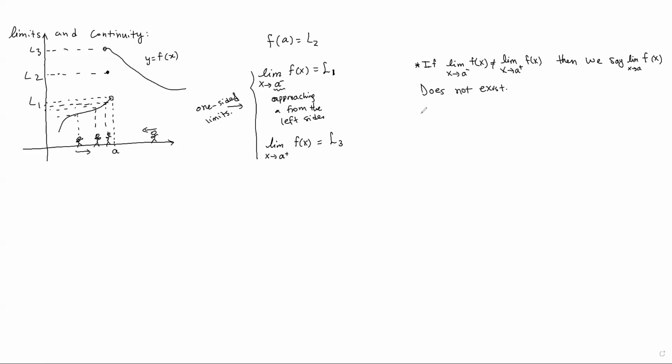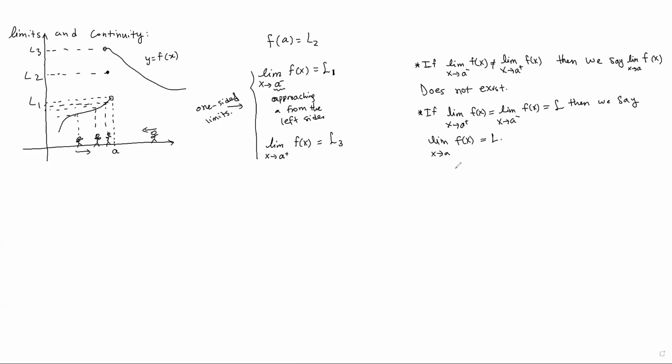On the other hand, if they are equal, and let's say they're equal to number L, then we just say that the limit of f of x as x approaches a is equal to L. So if from both sides you don't get the same limit, the limit doesn't exist.